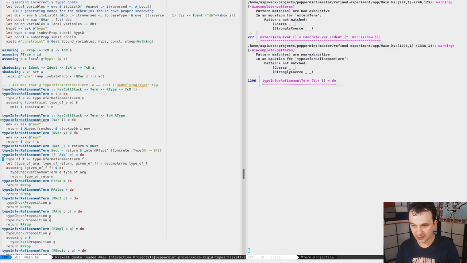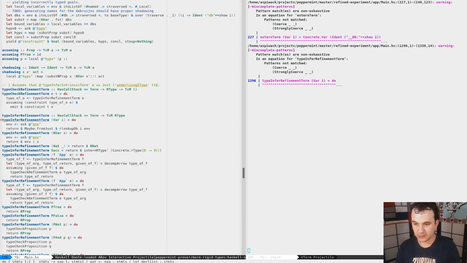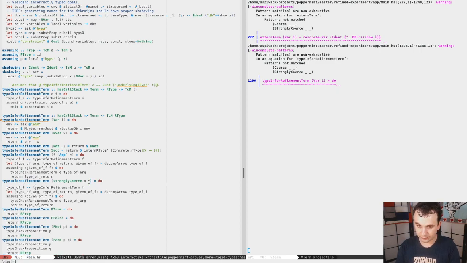So let's come back to this. Do I steal the coerce if I have strongly coerce? Well, they don't behave the same with respect to equality.